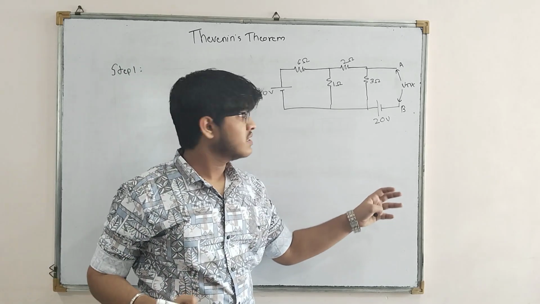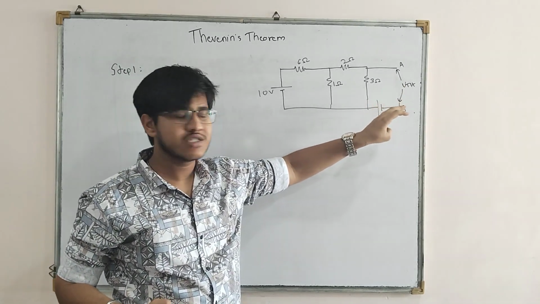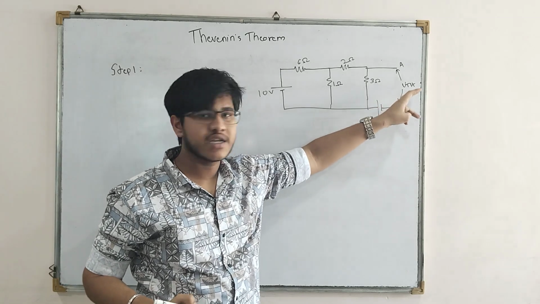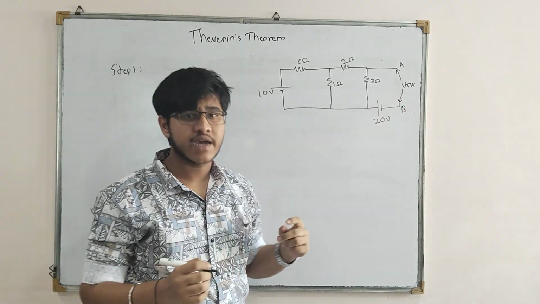So as you can see, I just rubbed that 5 ohm resistance branch and just wrote there VTH. So in step 1 we need to find VTH.